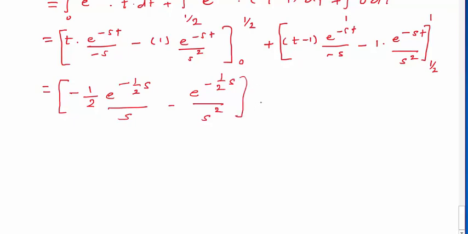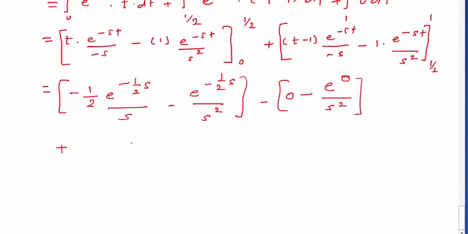This is upper limit minus lower limit. We put 0 in place of t, so we get minus e power, because the first term is 0, e power minus 0, so minus 0 is nothing but 0 upon s square.